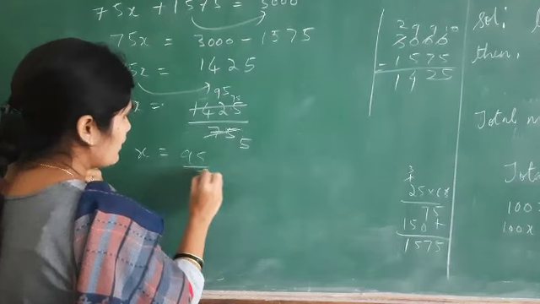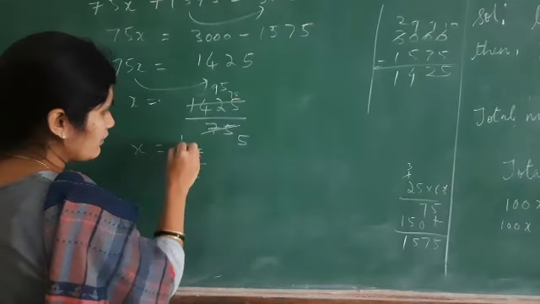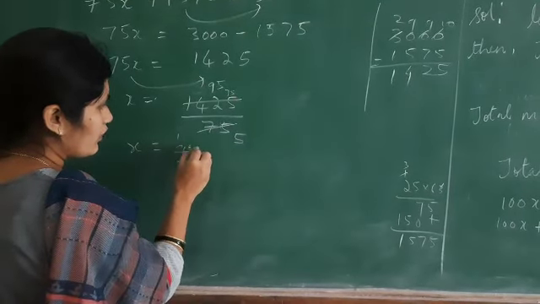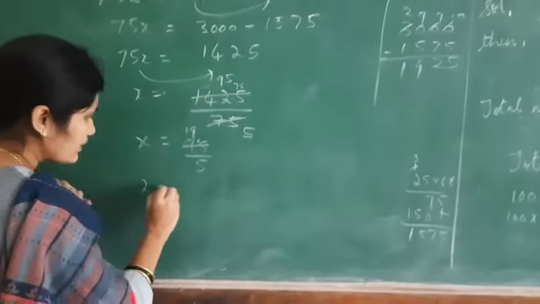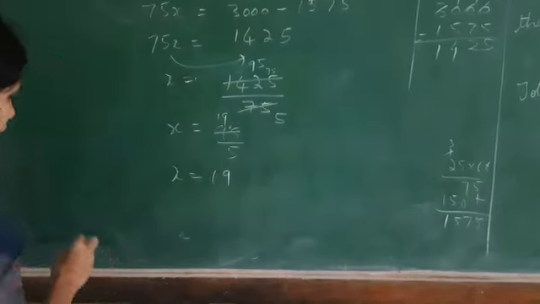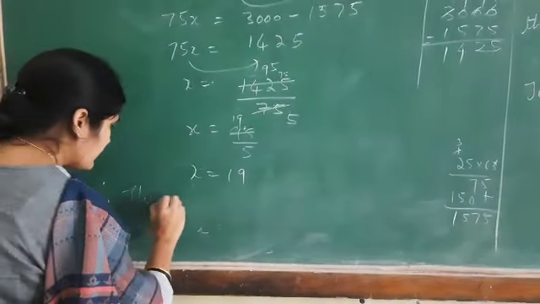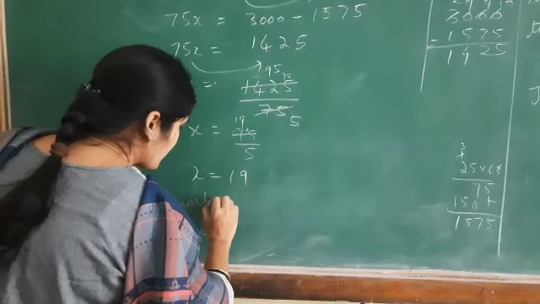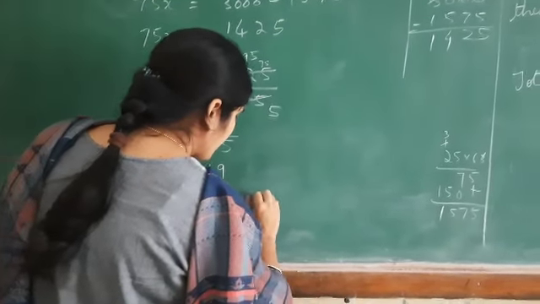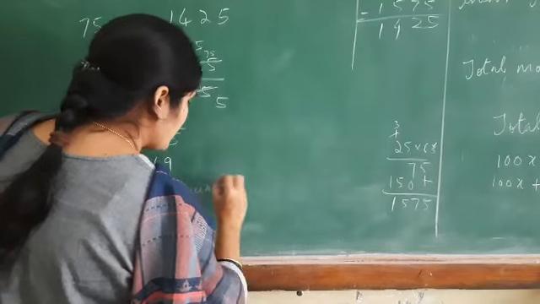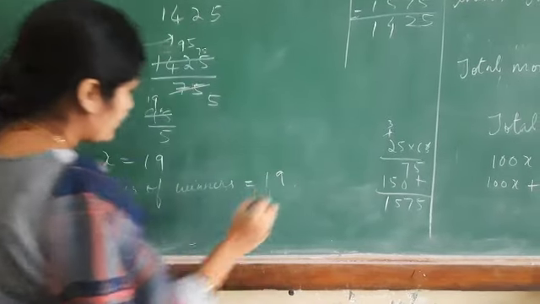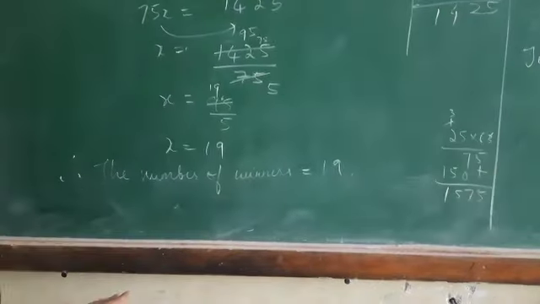So x is 19. Therefore, the number of winners is equal to 19.